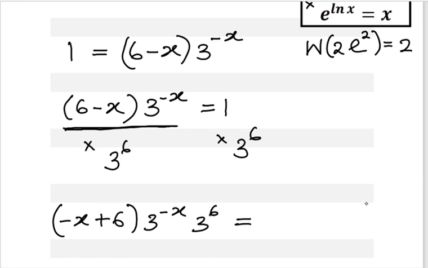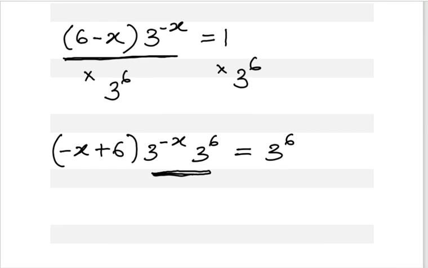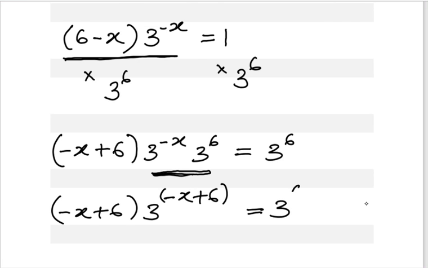By indices, we're just going to add the powers of these two since they have the same base. So we're going to have negative x plus 6 times 3 to the power of negative x plus 6, and this is 3 to the power of 6.